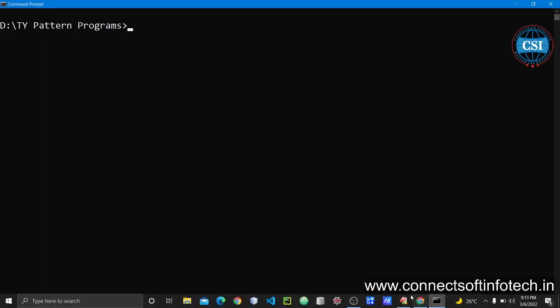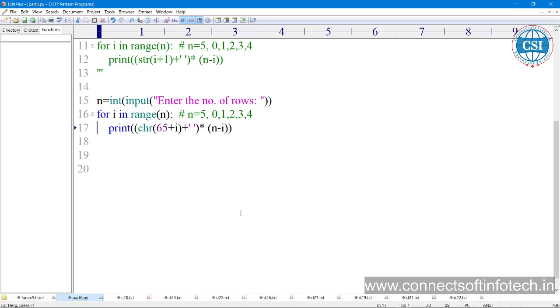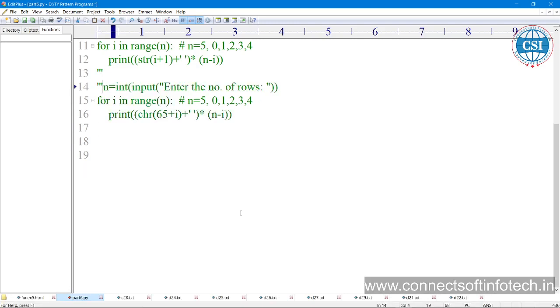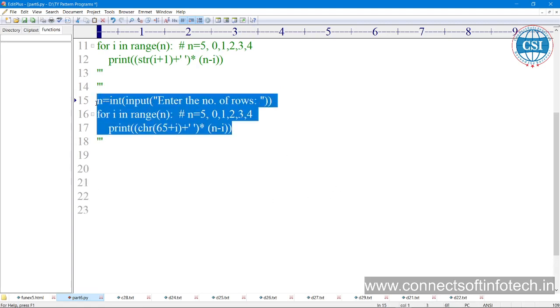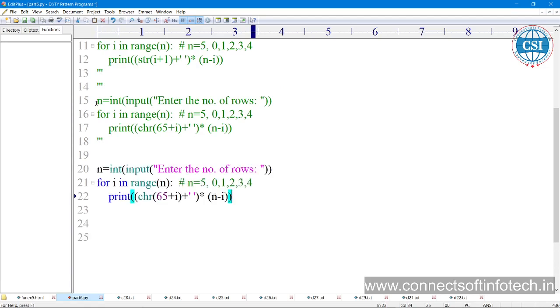Now our next requirement. What is the next pattern? I want to print here: if you enter 5, I want to print 5 5 times, then 4 times, 3 times, 2 times, and 1 time.